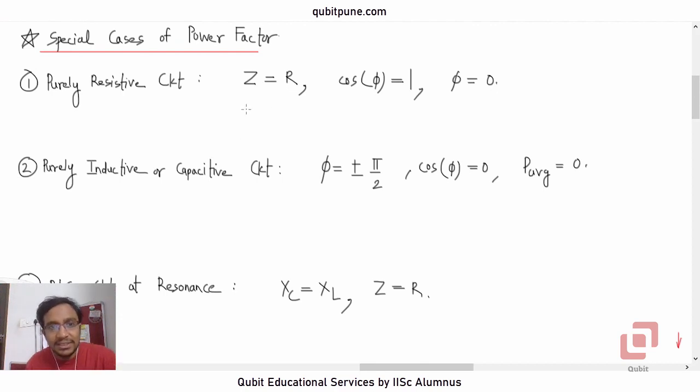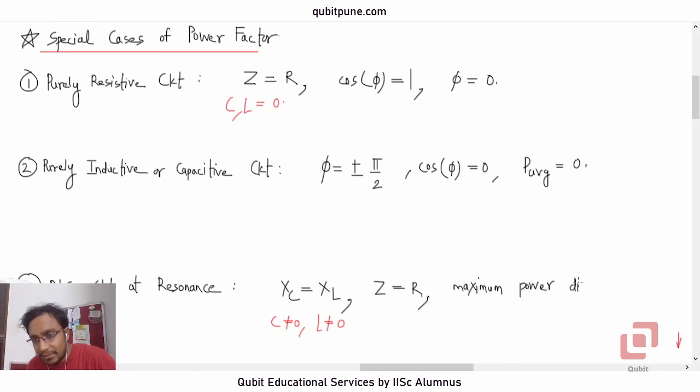In the first case, C and L both are 0 in a purely resistive circuit, whereas in an RLC circuit at resonance, C is not 0, L is not 0, but the condition XC being equal to XL prevails. The XC minus XL term cancels out, so the impedance again becomes equal to resistance, numerically, and we get maximum power dissipation, because cos phi is 1 here.